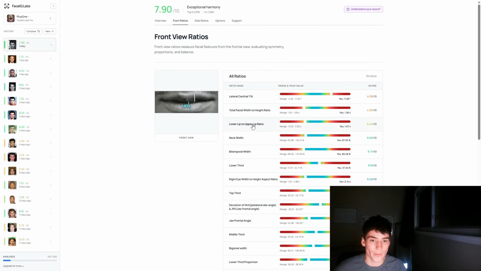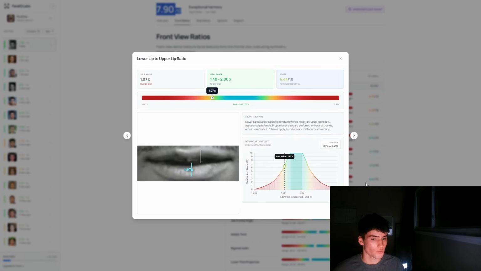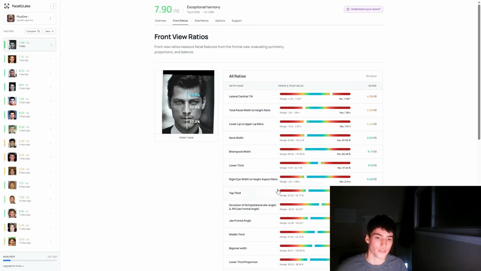It could be a little bit bigger, but that would bring him to about a 6.5 on his lips. So he probably has an 8 to a 6 on his lips. Most likely a 7 out of 10 on his lips, which would bring him to around an 8 on harmony. So that is potentially one of his drawbacks.